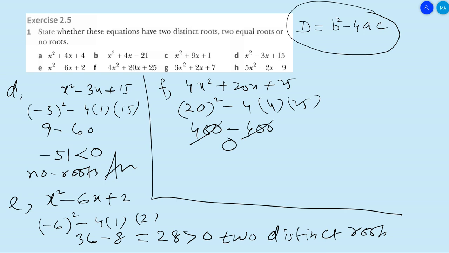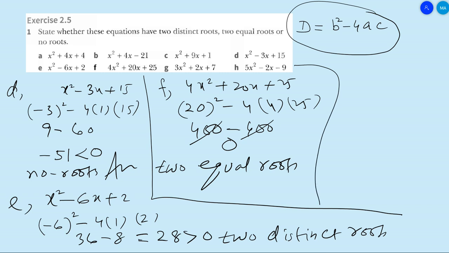So if our answer of discriminant is 0, then we have to write two equal roots. Two equal roots.